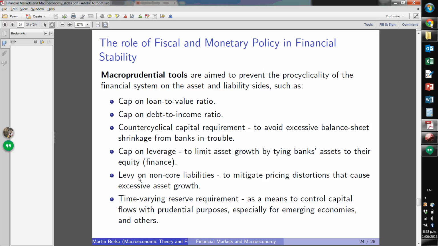It turns out leverage is quite important in propagating ups and downs internationally. So limiting leverage can cause less propagation, which may be a good thing in a very hectic world, but it may be a bad thing in a very sort of placid world.